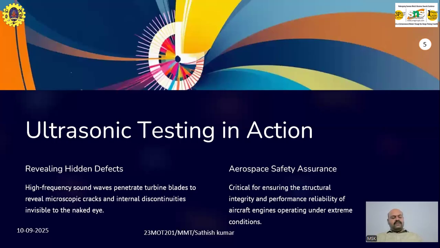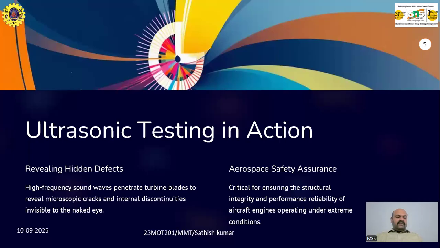So what is the frequency of ultrasonic waves? It ranges from 0.1 to 15 megahertz, and even up to 50 megahertz based on the requirement.